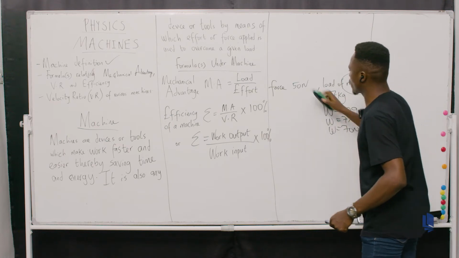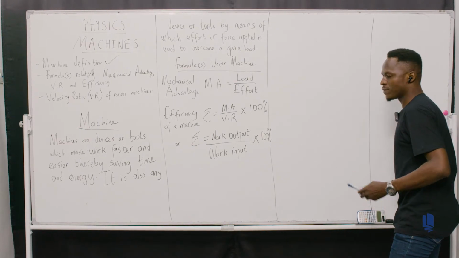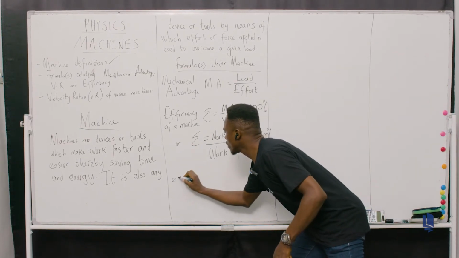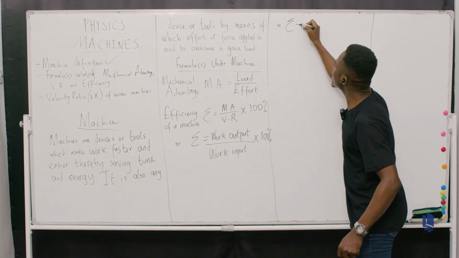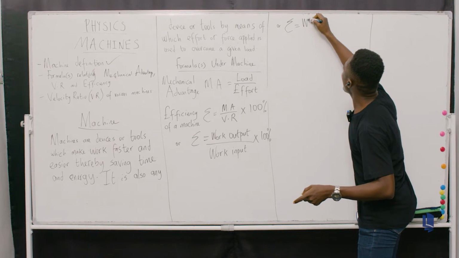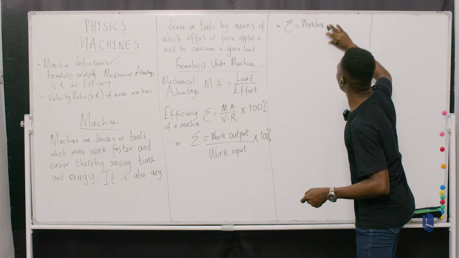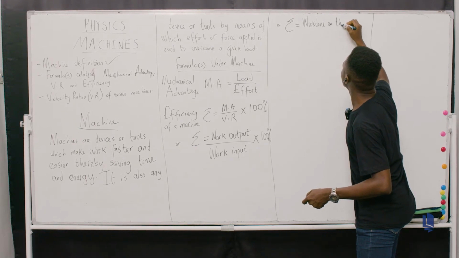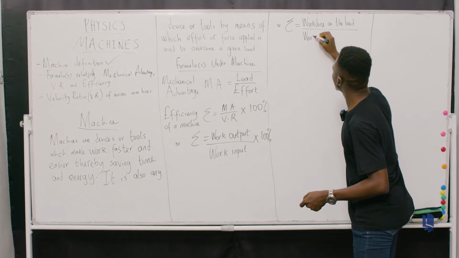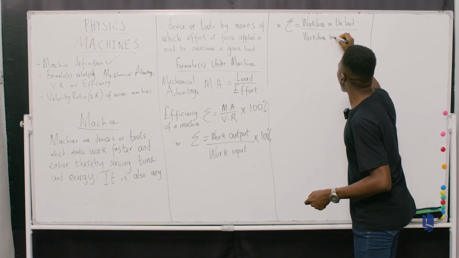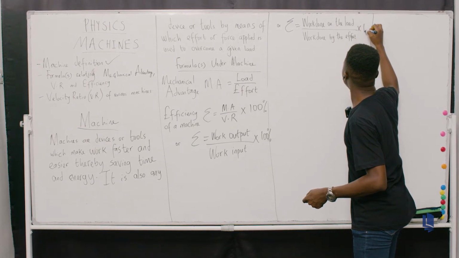The third one which you see them play with is always this guy. Check it out. We say efficiency is equal to, watch this, work done by the load, work done on the load, over work done by the effort, times 100.